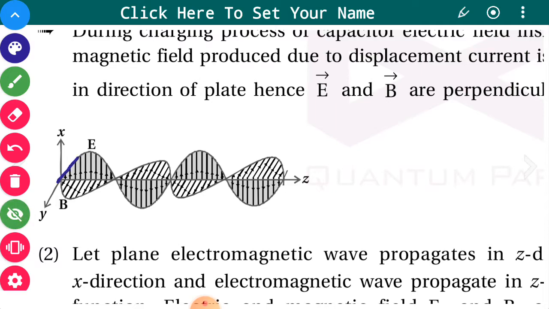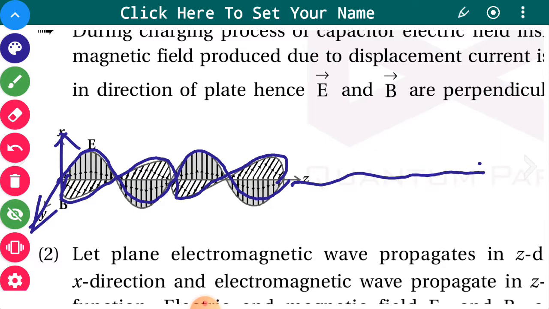If you show it, the electric field is oscillating in the x direction, then the magnetic field is perpendicular to it, oscillating in the y direction. So both are perpendicular to each other, and the propagation of this electromagnetic wave is in the z direction.